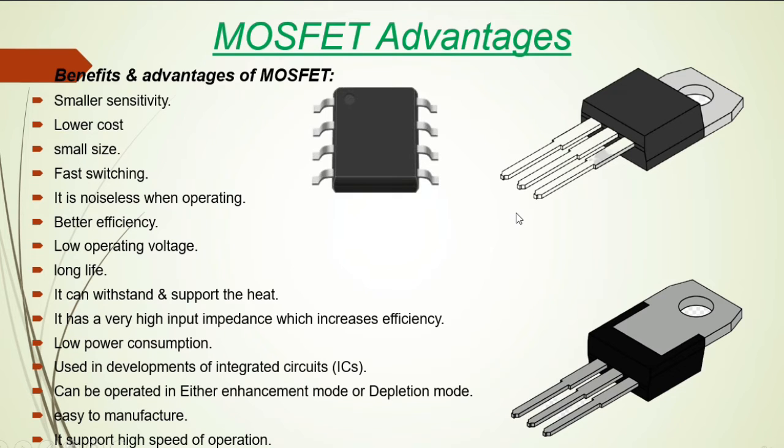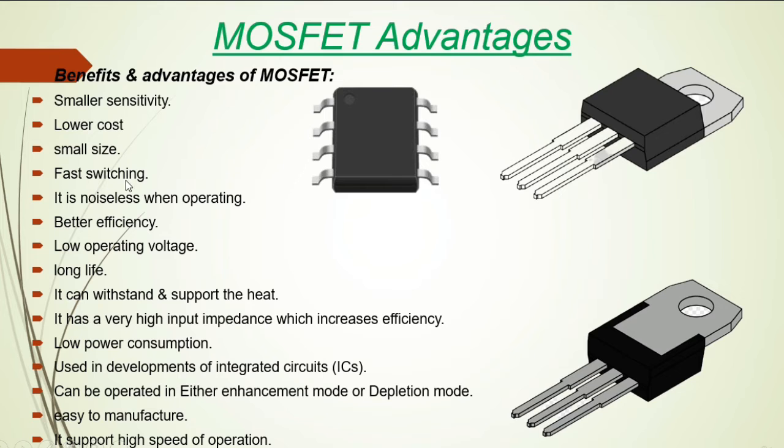Some integrated circuits are exactly this size, but they contain many millions of MOSFETs. Advantage number 4 is fast switching.